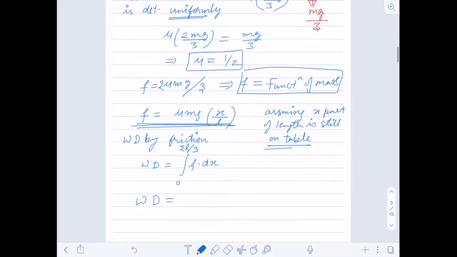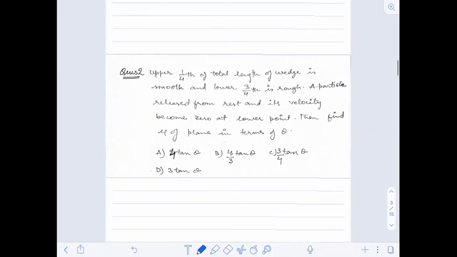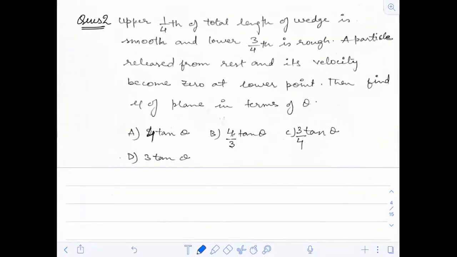Okay. So this is your second question. Try to read the question and draw the physical situation for this and solve this question.